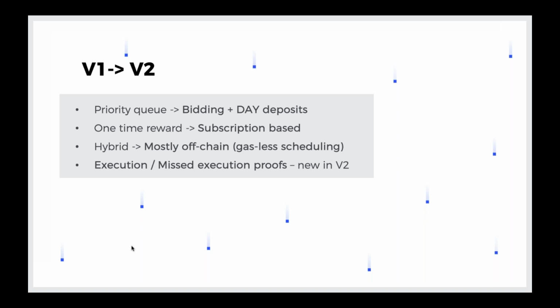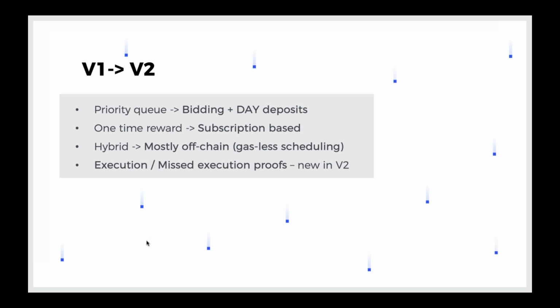On the other hand, we're probably going to use the DAY tokens as a staking thing, which means it's a security. If someone doesn't execute as supposed, they lose the DAY tokens.